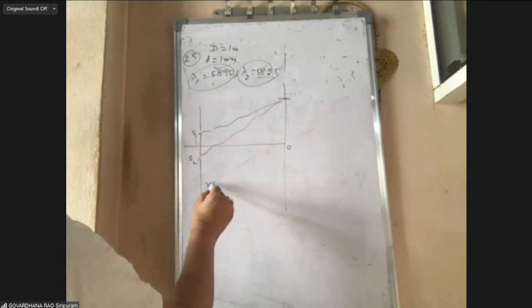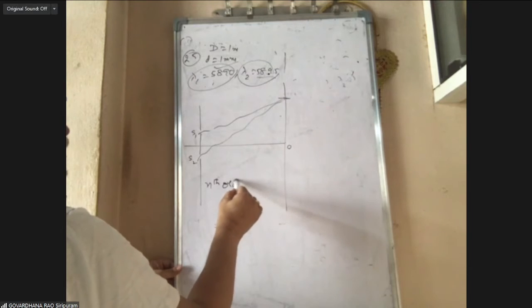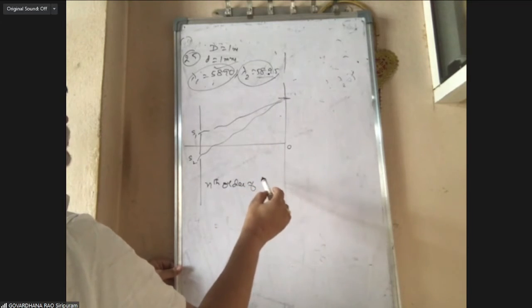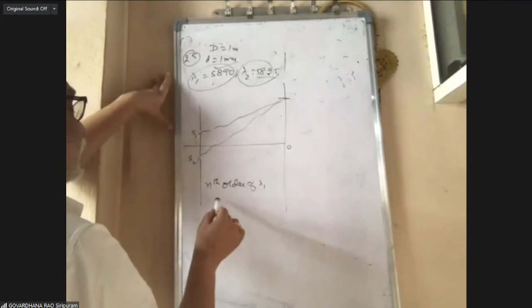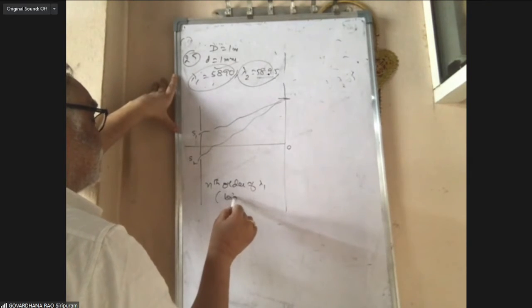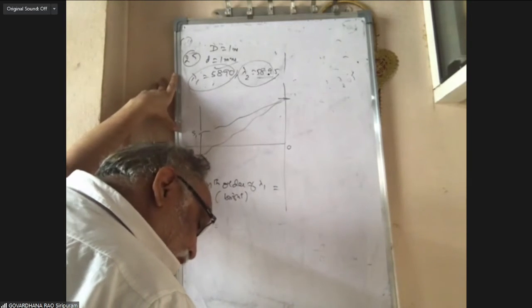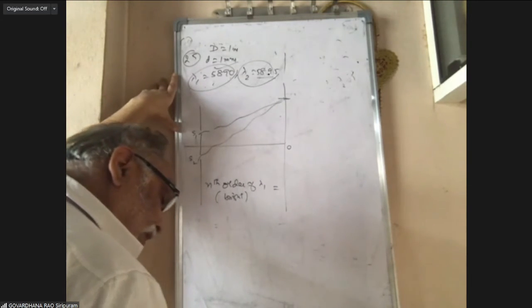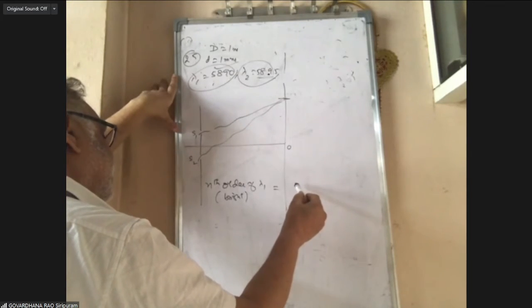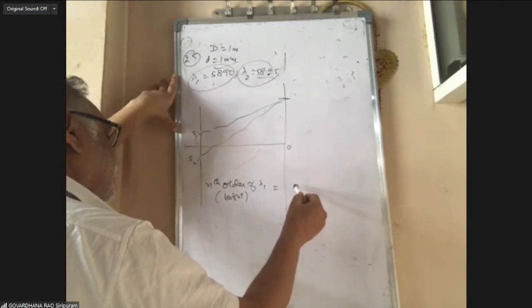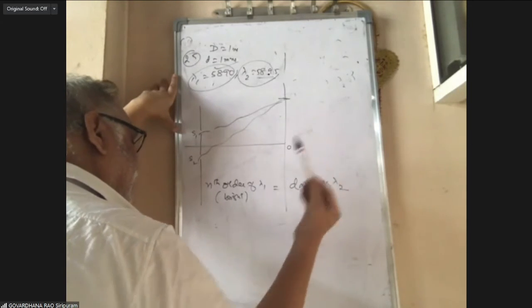Let us say nth order of lambda 1 is bright, coinciding with what? The condition is coinciding with dark of lambda 2.